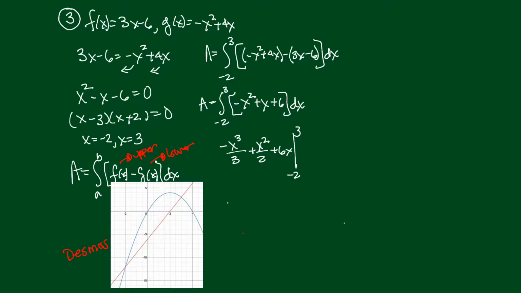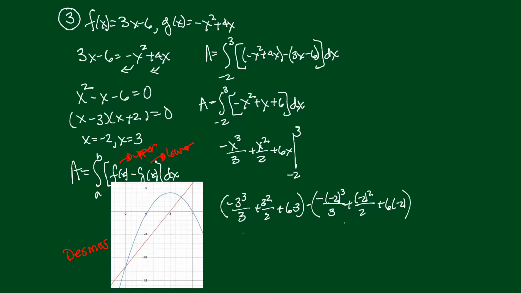Put in our upper limit. So we will get -3 cubed over 3 plus 3 squared over 2 plus 6 times 3 minus, now let's put in the -2, so careful with all these negatives, -2 cubed over 3 plus -2 squared over 2 plus 6 times -2.